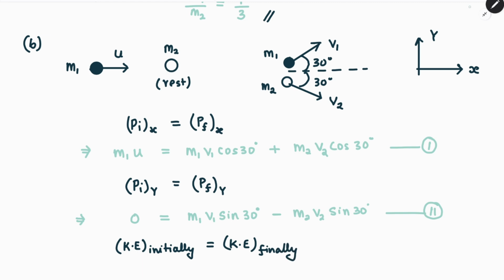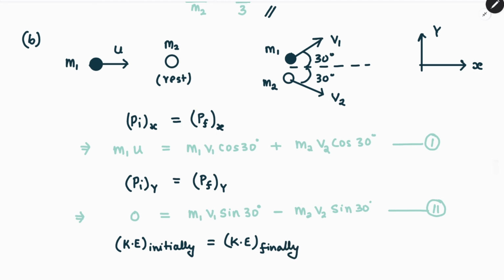Substituting the values, half m1 u squared is equal to half m1 v1 squared plus half m2 v2 squared, and this serves as equation number 3 for this part of the problem.